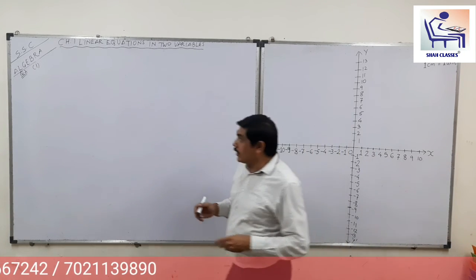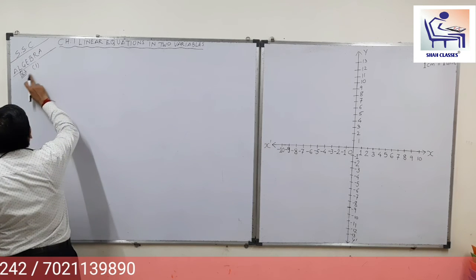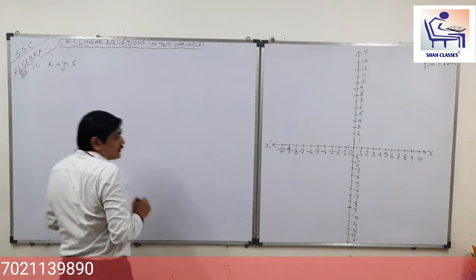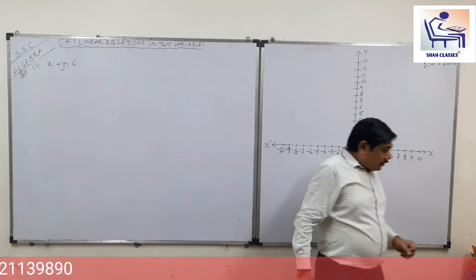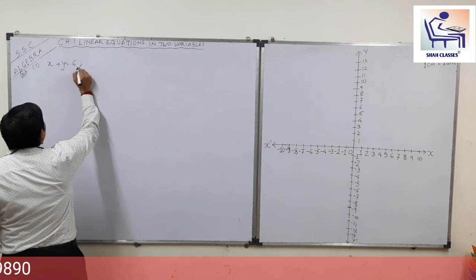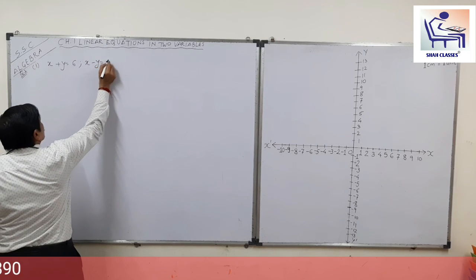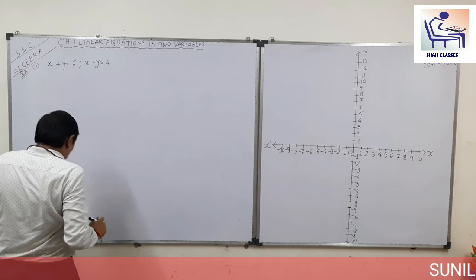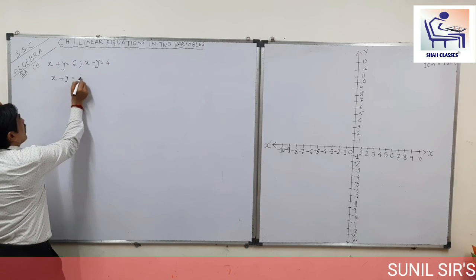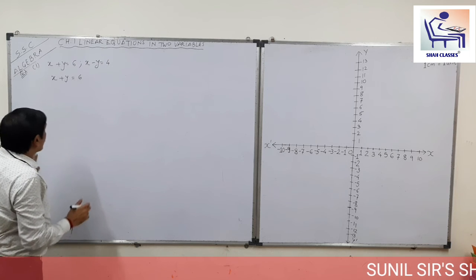The first question is, in your question number 2, first question, x plus y is equal to 6 and x minus y is equal to 4. This is your first question. These are the two equations. For this, we have to first write here x plus y is equal to 6.